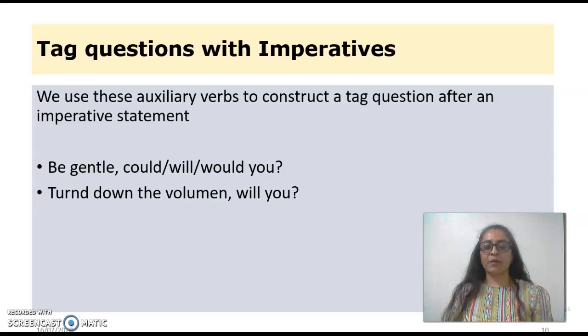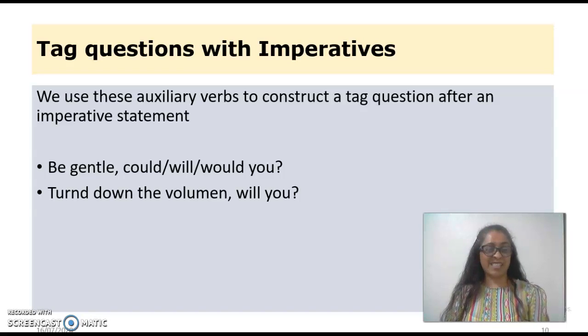Imagine you are with a friend. This person has been your friend for years and you know each other and you feel like family. And this person is showing some rudeness. You tell the person, be gentle, will you? So you see, you use will because that's more straight. But if there's somebody in the class that you are not so familiar with, that you haven't met for a while, but this person is still being annoying, making noise, or just treating people unkindly, you would say, be gentle, would you?